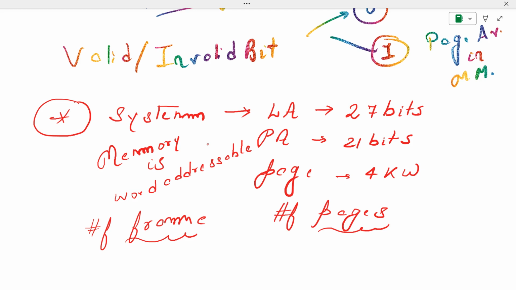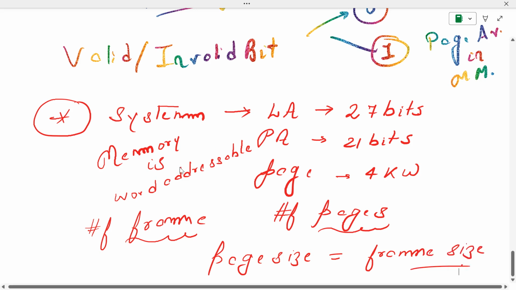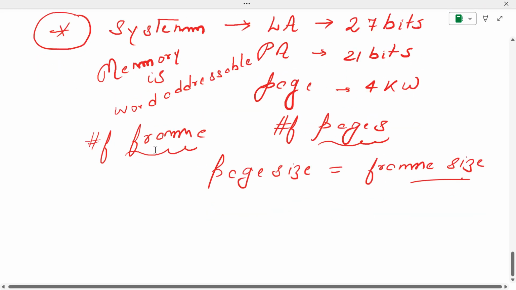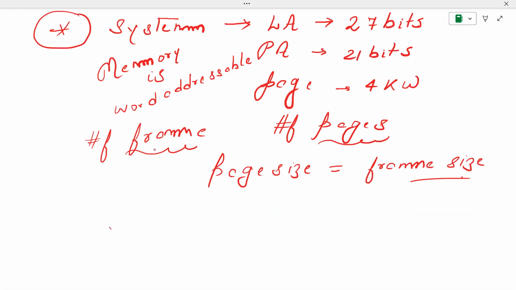So we all know that the page size is equal to the frame size, because whatever is the size of the page will be brought into the main memory, right? So the page size is equal to the frame size. Now, if we talk about LA, it is 27 bits.